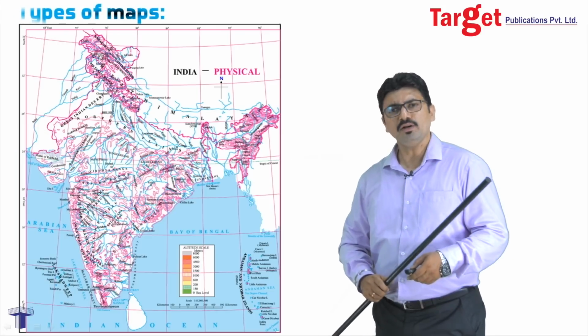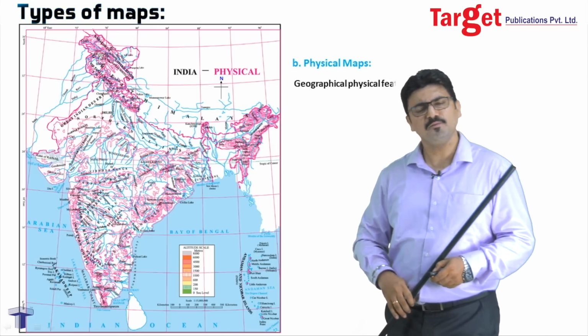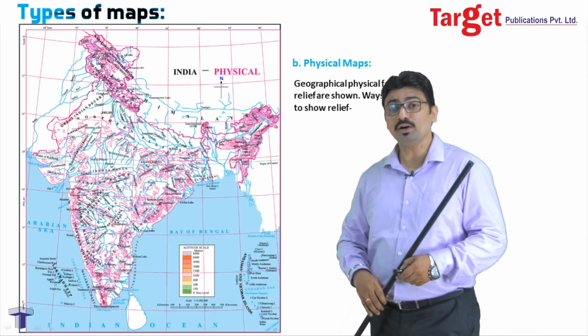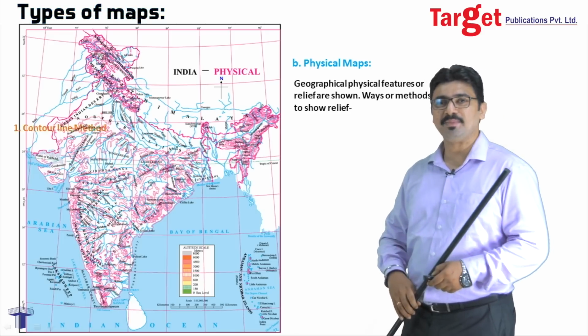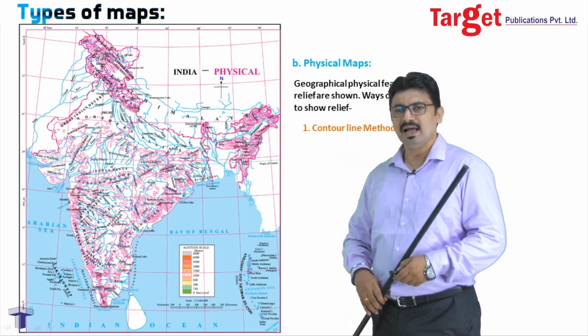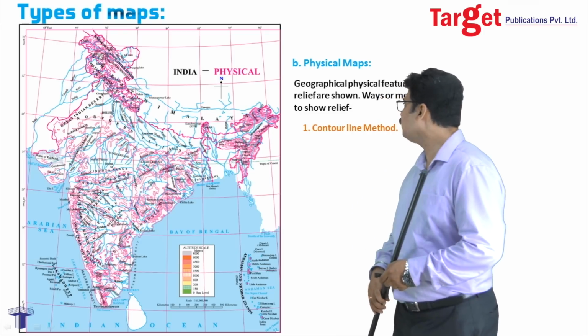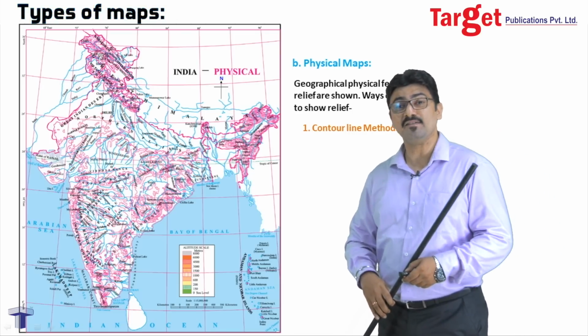Now, we also need maps which show hills, rivers and various physiographic features. What type of maps are those? Those are known as physical maps. Yes. Now, physical maps show us a variety of things. Let us see what are the different ways of showing features in a physical map.